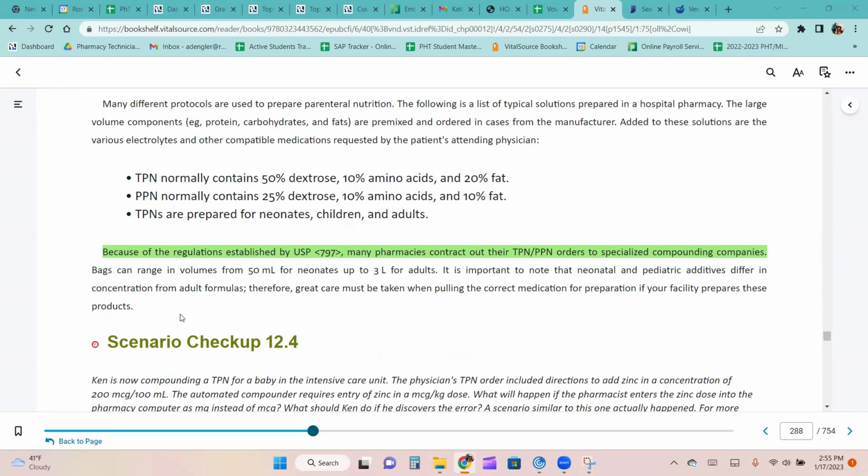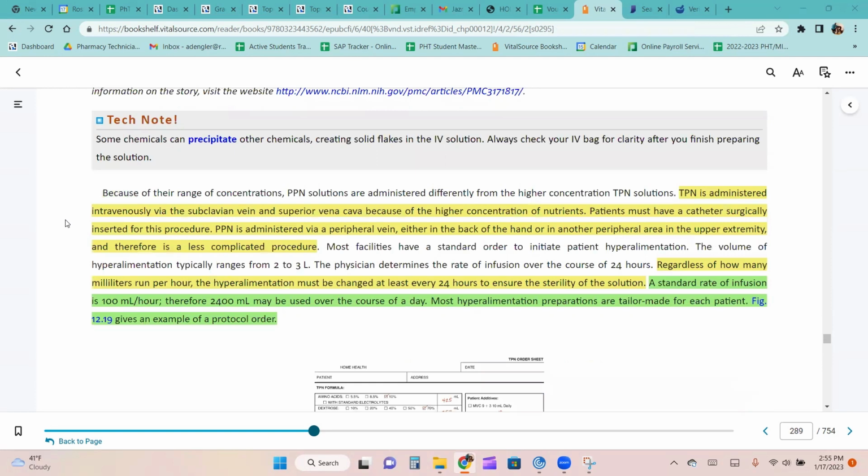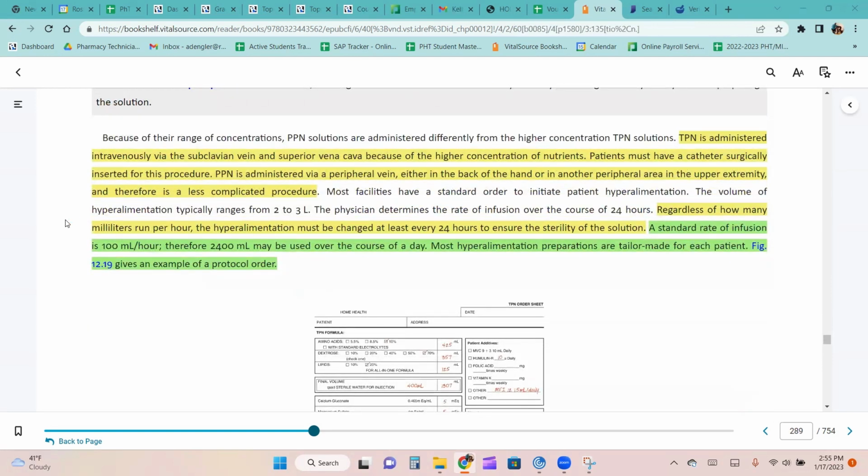Because of the regulations established by USP 797, many pharmacies contract out their TPN, PPN orders to specialized compounding companies. TPN is administered intravenously via the subclavian vein and superior vena cava because of the higher concentration of nutrients. Patients must have a catheter surgically inserted for this procedure.